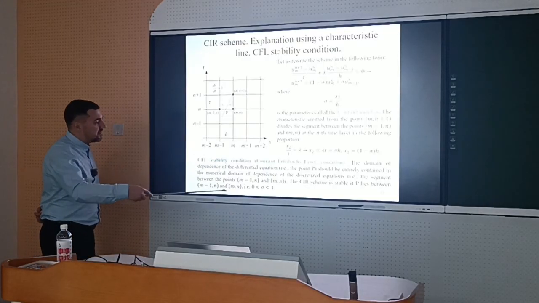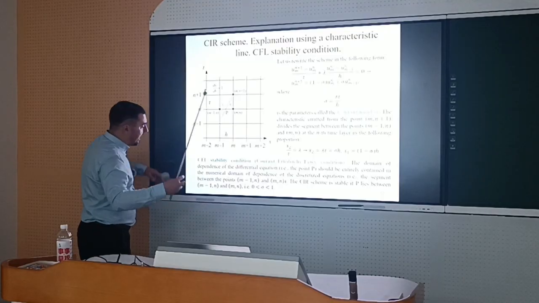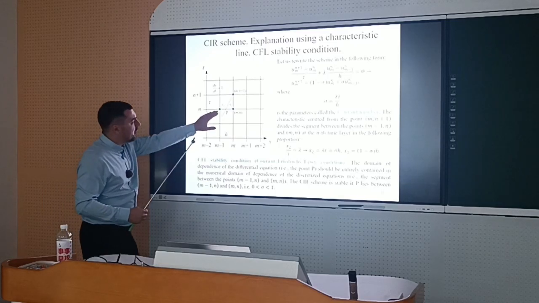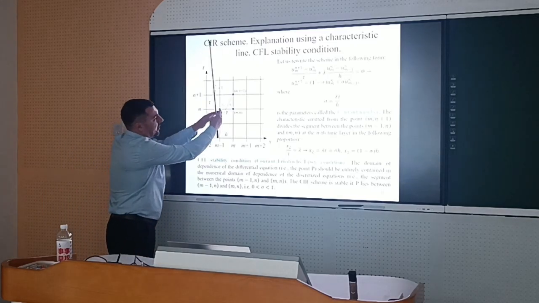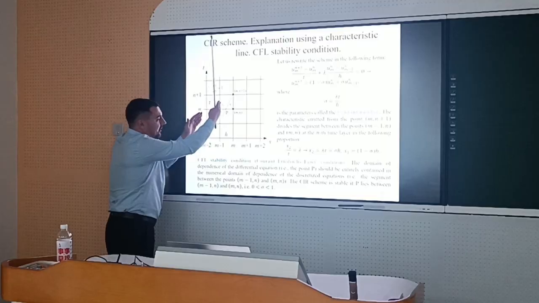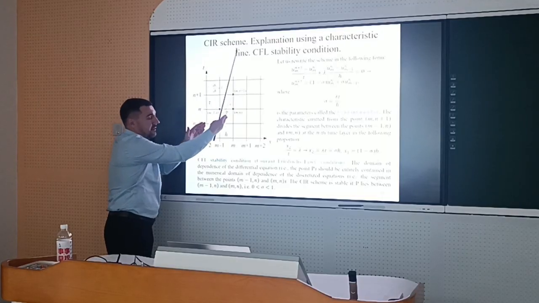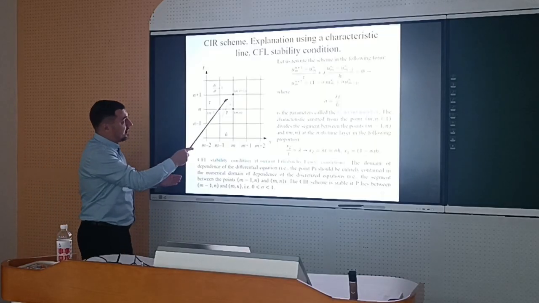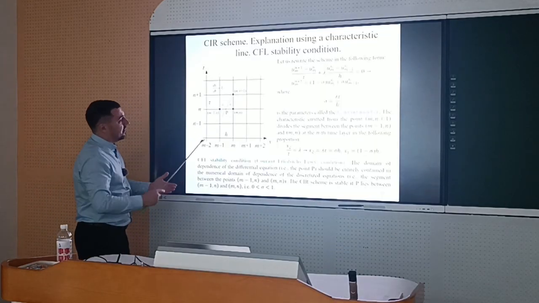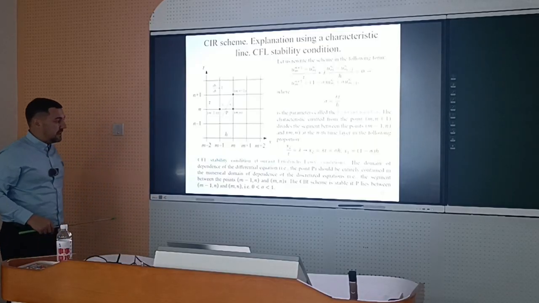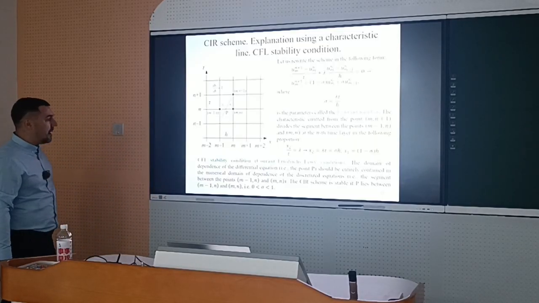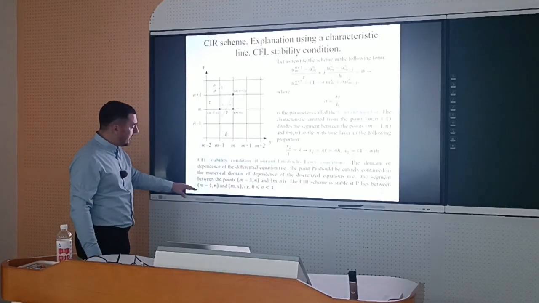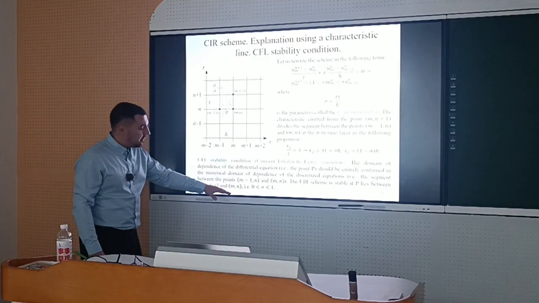It should be entirely contained in the numerical domain of dependence of the discretized equation. So this point P should be inside the domain of dependence of our numerical method, which is the set of points on the nth time layer. That is why point P should be inside this segment for the CFL stability condition to be valid. So the Courant-Isaacson-Rees scheme is stable if P lies between m-1 and m at the nth layer.